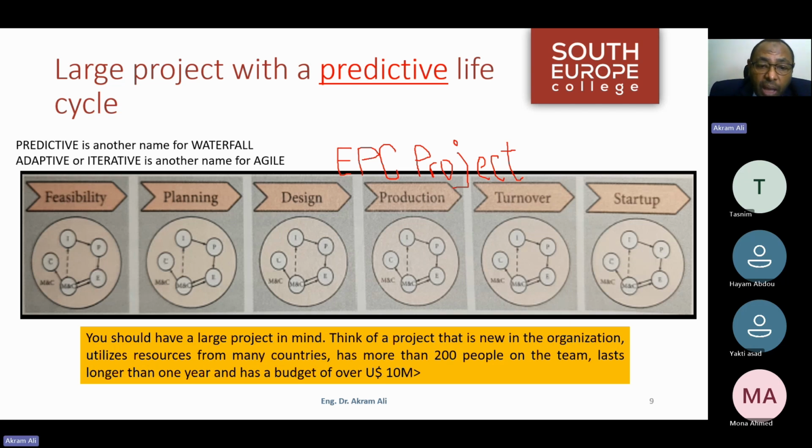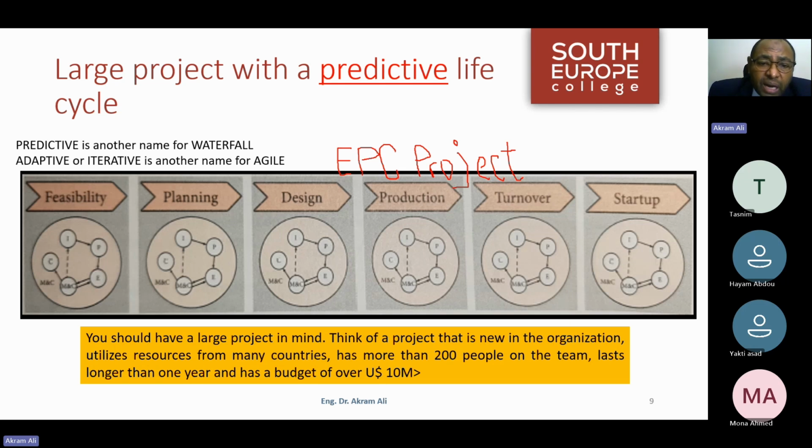However, here I have design and I have production. So design is essentially engineering, which is a separate phase, and I have production, which is construction. And how about procurement?